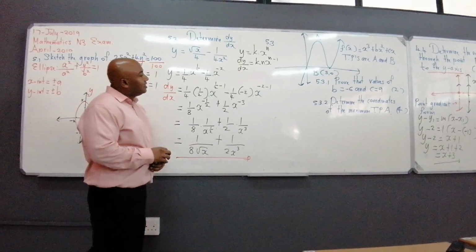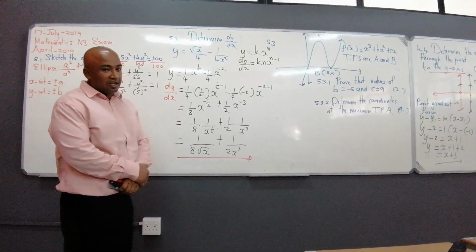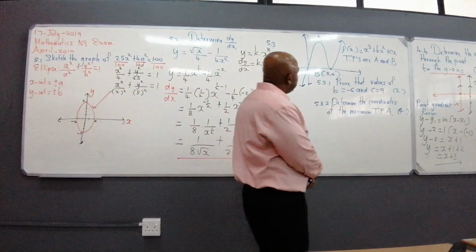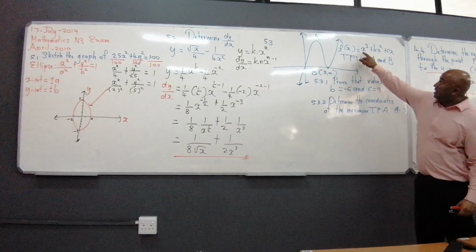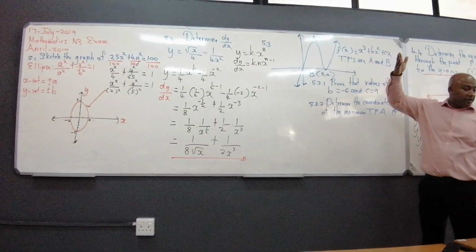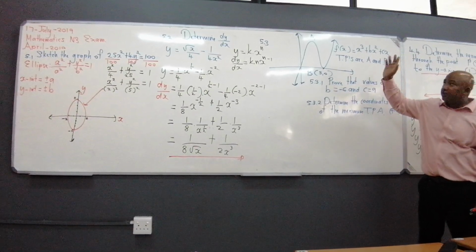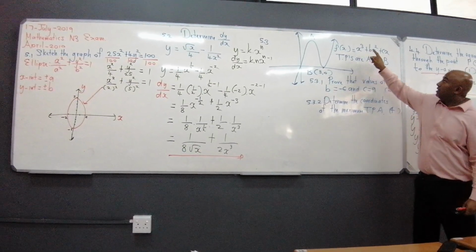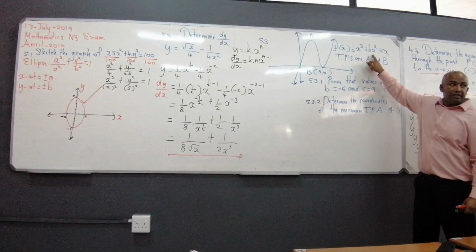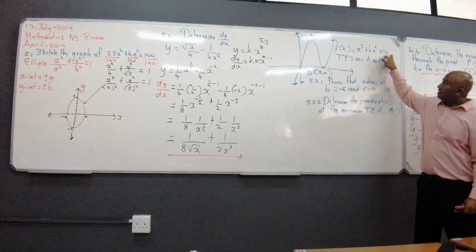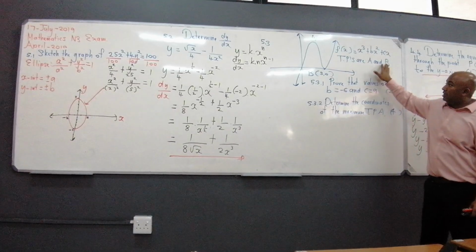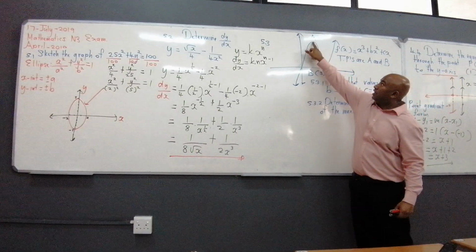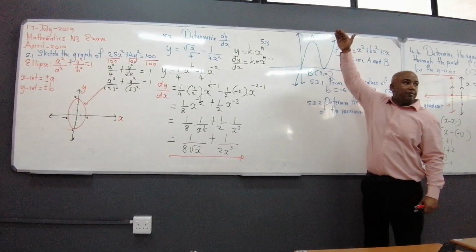So we are given the cubic graph. This is the equation. Just double check on your question paper that I did not copy down the question wrong there. That's x cubed plus bx squared plus cx. We are told the turning points are A and B. So this is a turning point, maximum because it's the higher turning point.